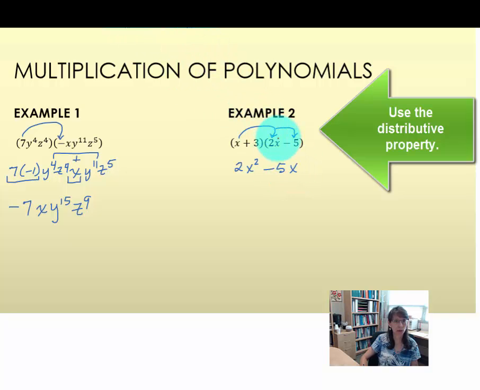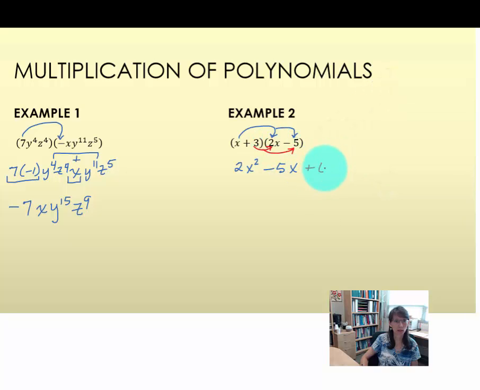My next distribution is positive 3 times each term in the other quantity. 3 times 2x is positive 6x, and 3 times negative 5 would be minus 15. So you'll notice here in the middle, I have like terms, and those like terms need to be combined.